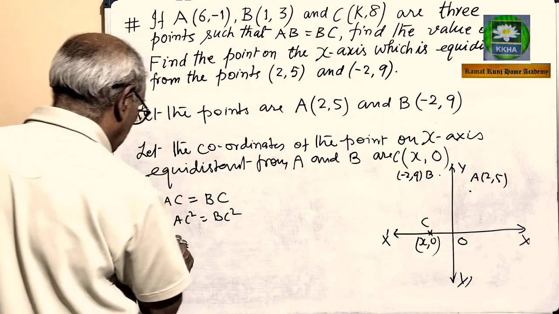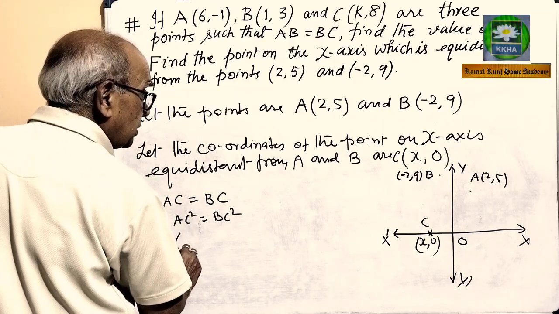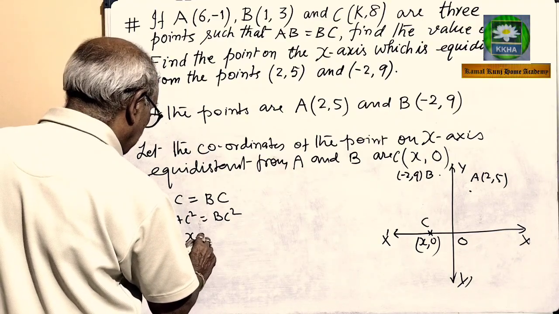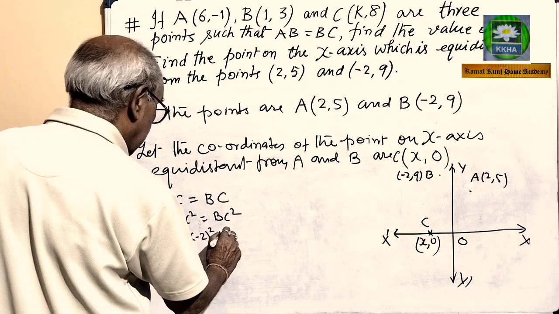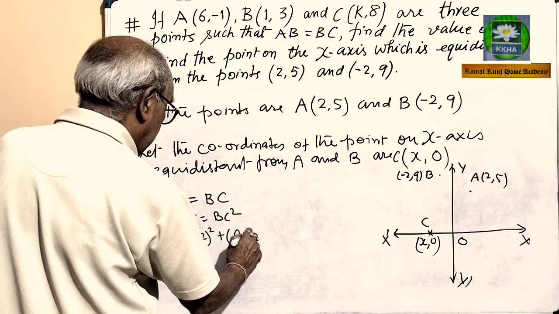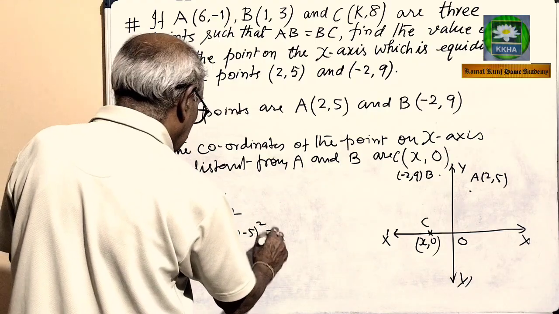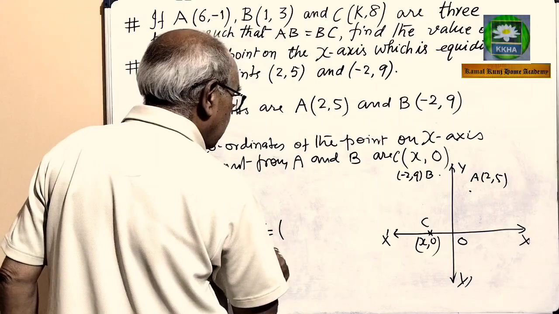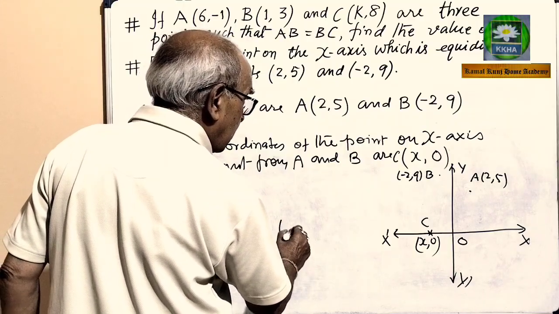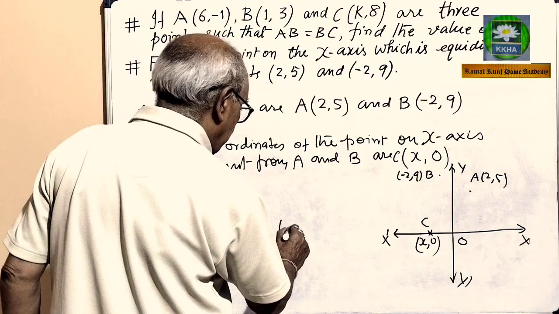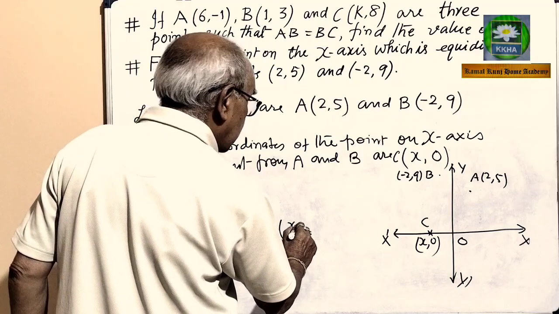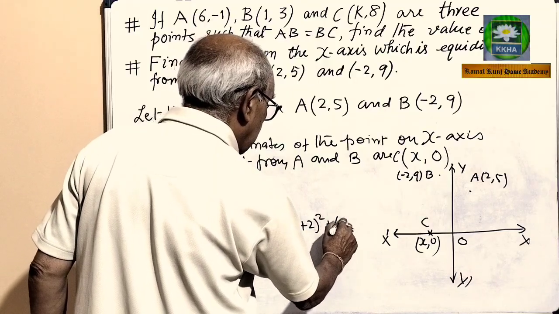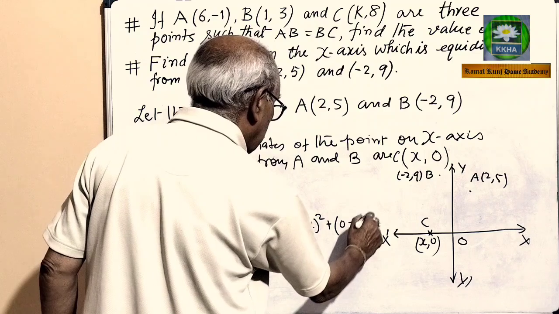AC square will be (x minus 2) whole square plus (0 minus 5) whole square, equal to BC square, which is (x minus (−2)) whole square, that is (x plus 2) whole square, plus (0 minus 9) whole square.